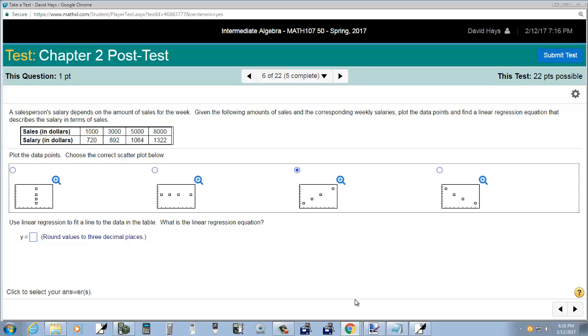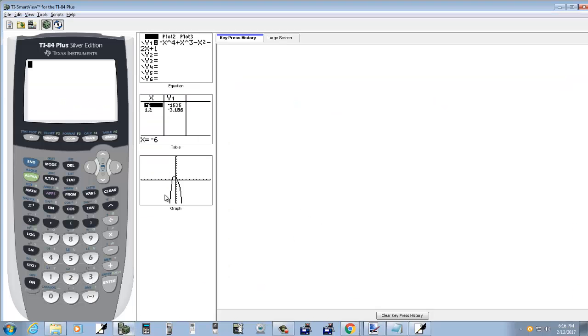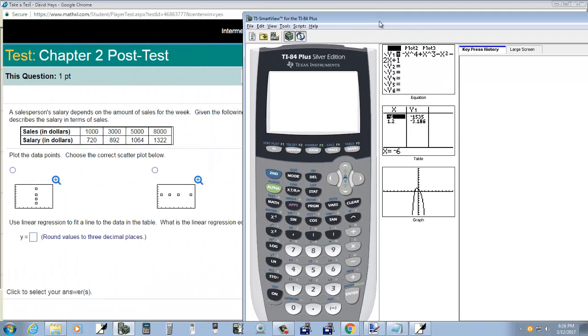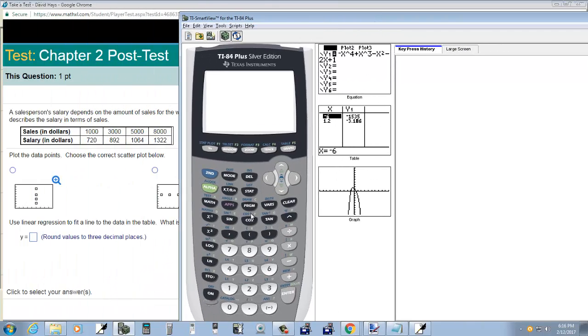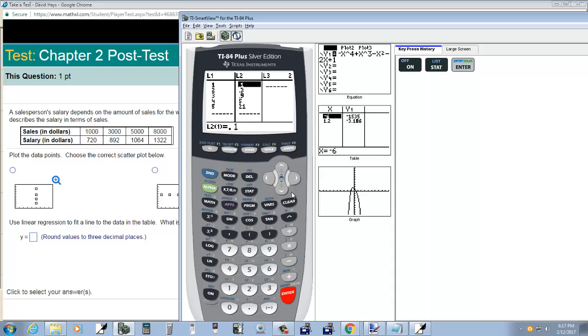Now, linear regression. I'm going to plug this in the calculator. So I'm going to do stat, enter on edit, and if I have numbers here, I'll press delete where they're highlighted to clear them out.